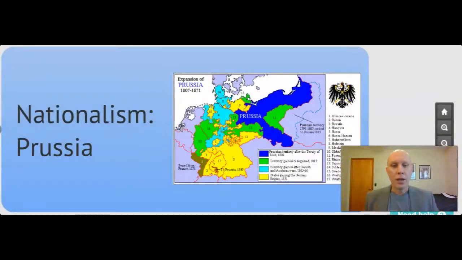All right, so again, nationalism in Prussia. Now, a little bit of background. If you go back to the end of the Napoleonic Wars, one of the things you might recall was an effort by traditional leaders in Europe to try to restore things back to normal, back to the way they'd been before the French Revolution.